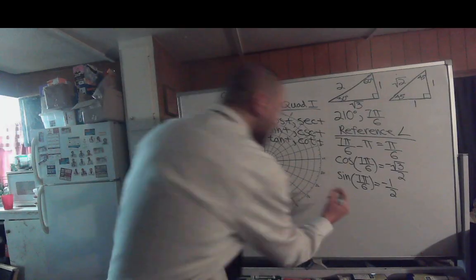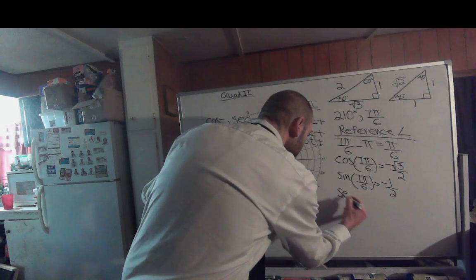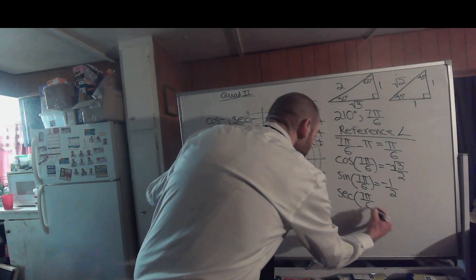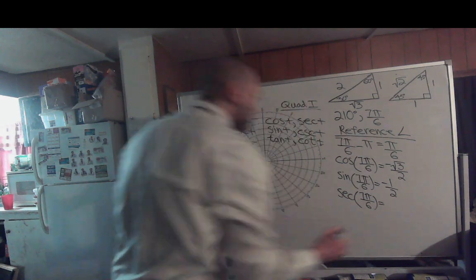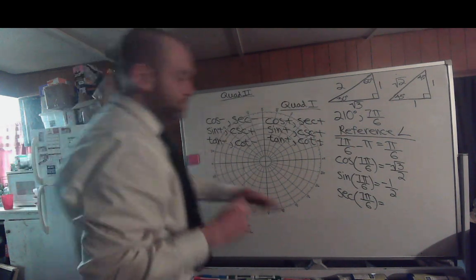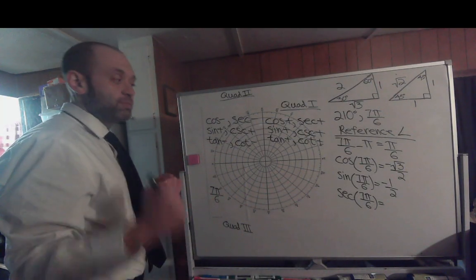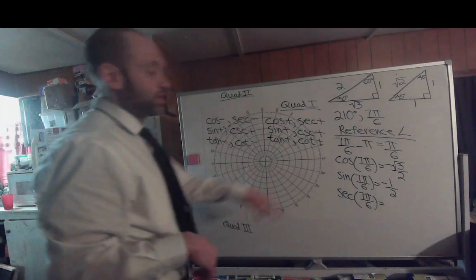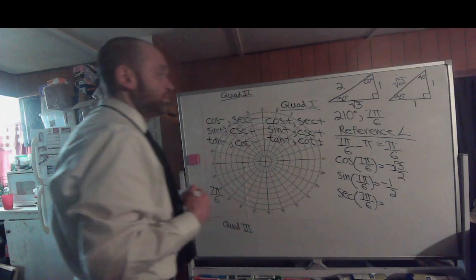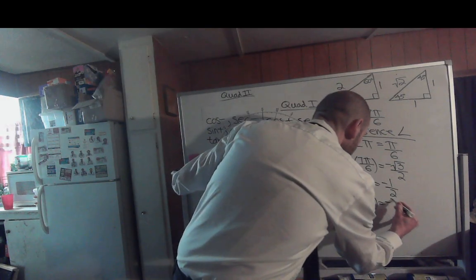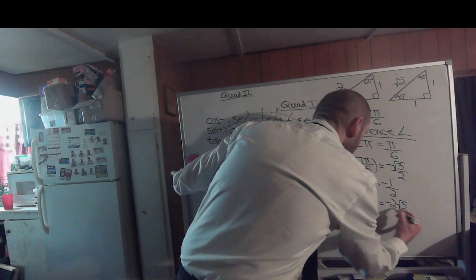Now, let's go ahead and find the secant of 7 pi over 6. Keep in mind, secant's the reciprocal of cosine, right? If your cosine's negative, so will your secant be. So that would be negative 2 times the square root of 3 all over 3.